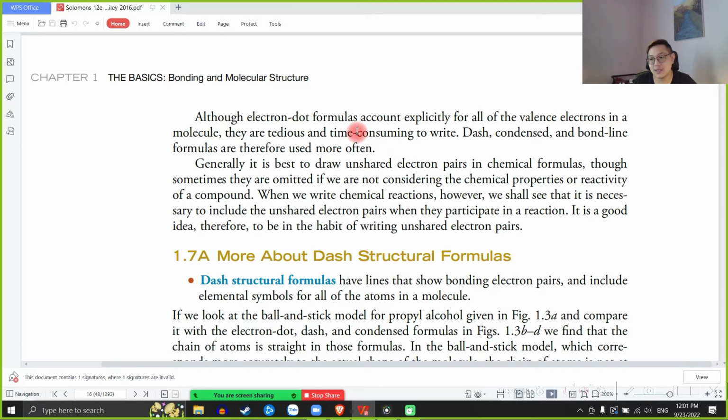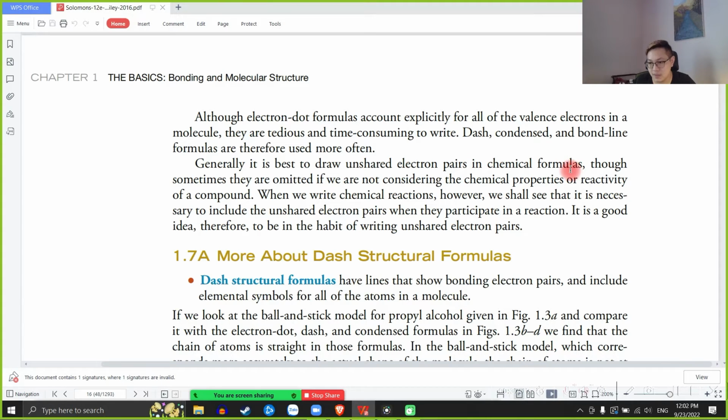The dot structures are time consuming to write. So that's why people write quicker dash, or condensed, or bond-line, or stick formulas, which I use more often. But when you are quick like that, sometimes it's not that useful. When people write dot formulas, you can see the electrons, you can see the unshared electron pairs, you can see how they form the bonds.